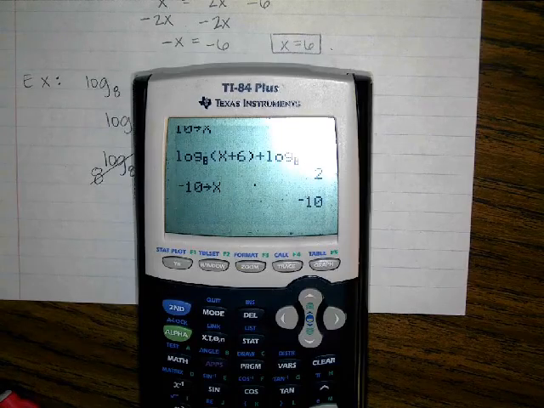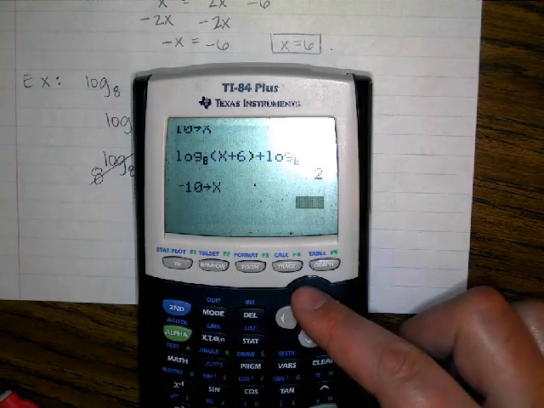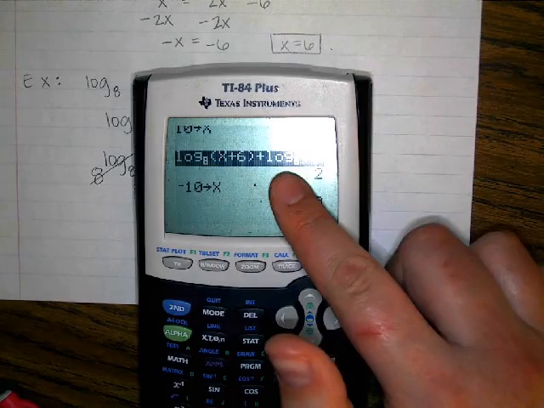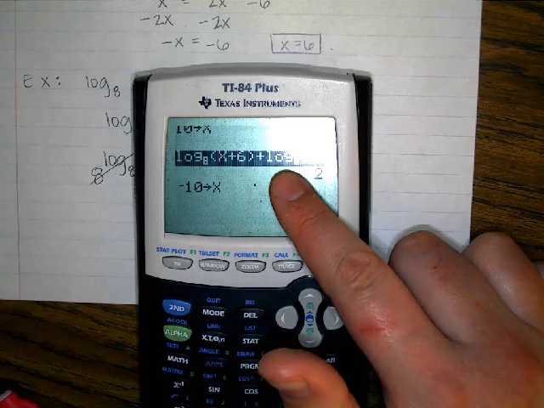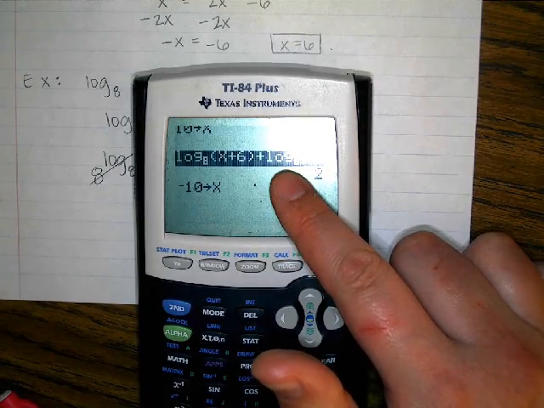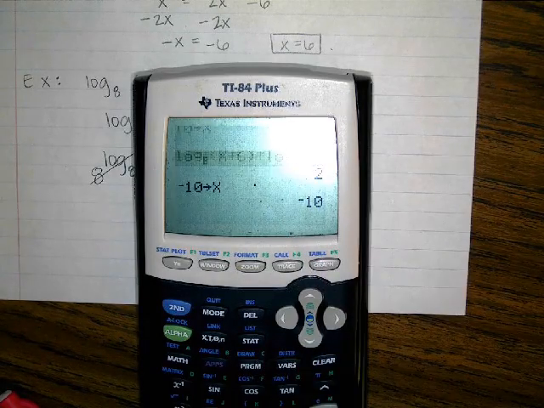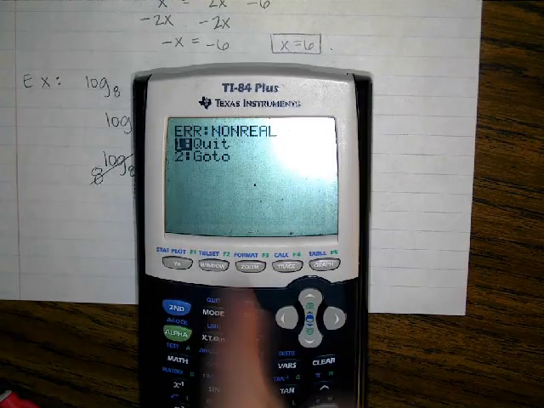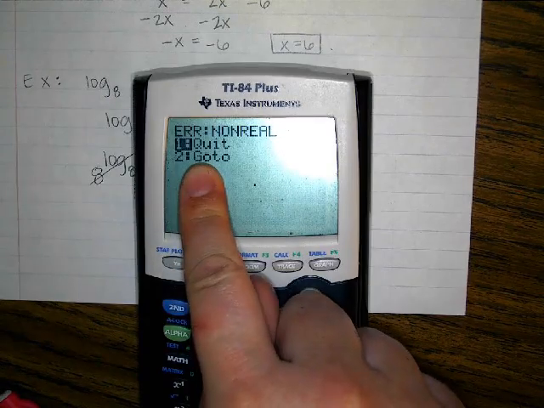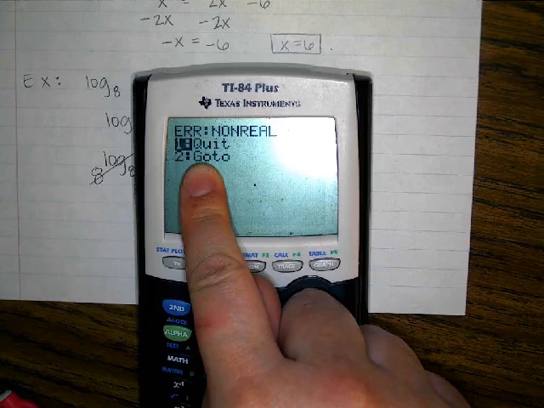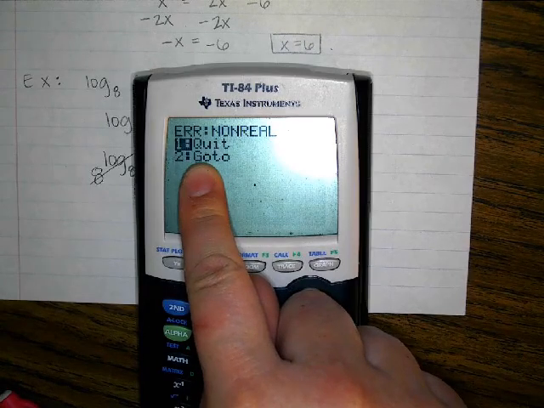So I'm going to plug it in. And this time when I plug it in for negative 10, I get an error message. So what does that tell me? Negative 10 is not a good number to plug in. Positive 10 is good. Negative 10 is not good. So negative 10 is not an answer, but positive 10 is.